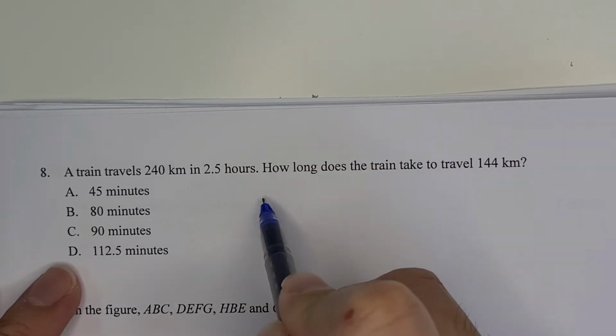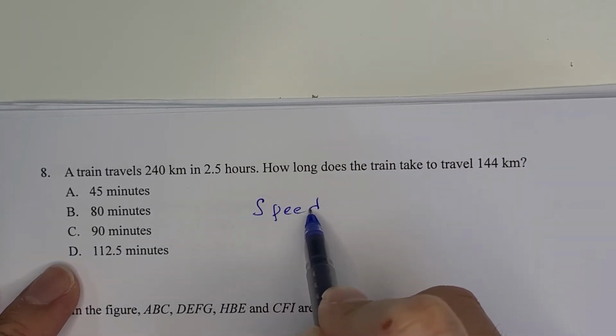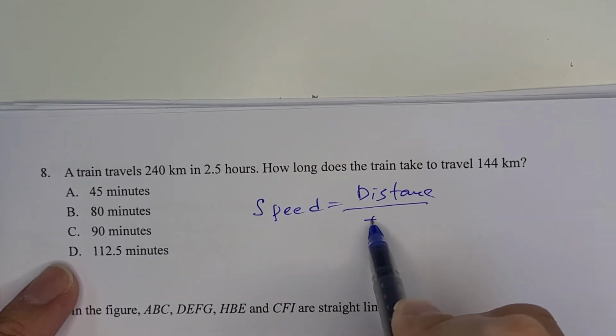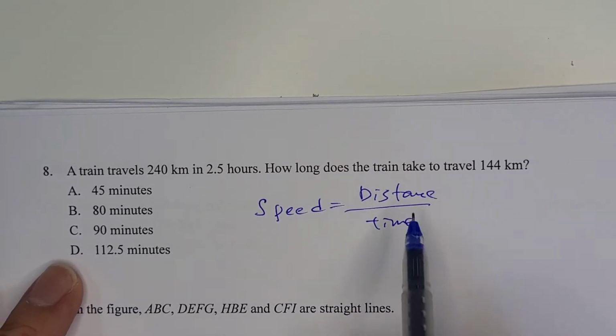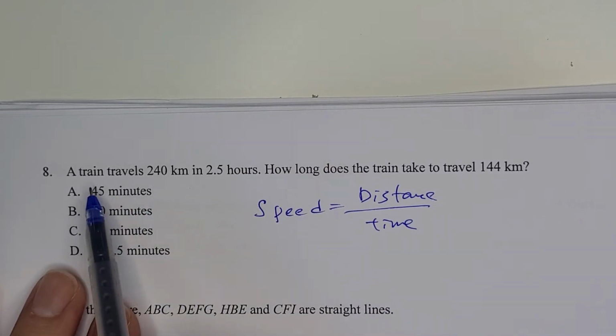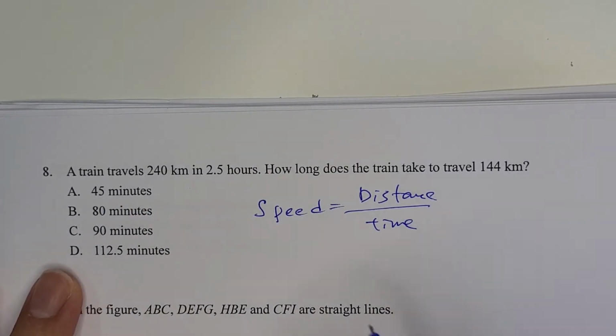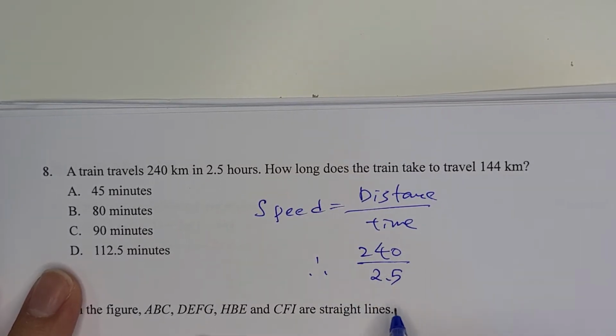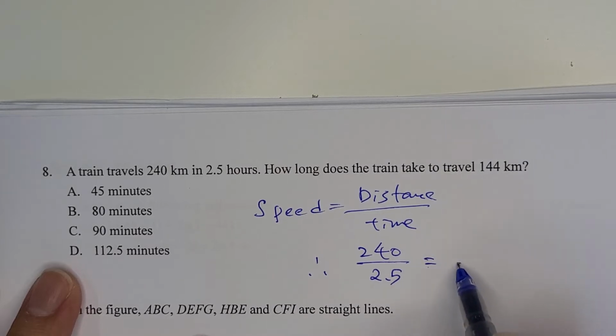Okay, as we know, the important formula is speed equals distance over time. And in this case, we assume the speed of the train would not change. Therefore, distance 240 over 2.5 actually is the speed of the train. That will equal 144 over the time t.